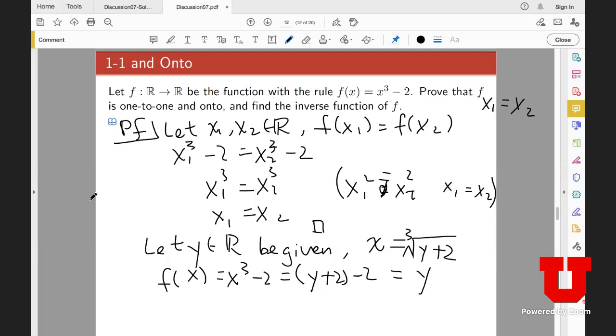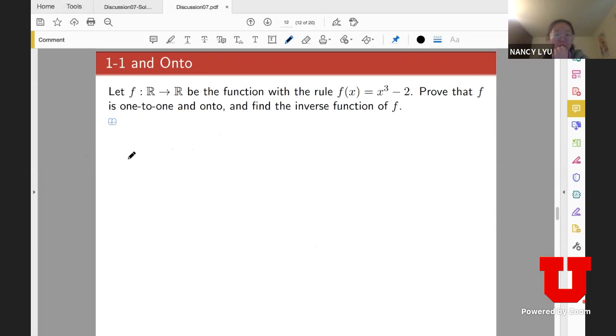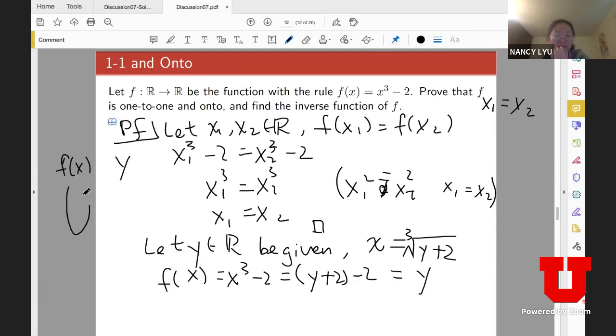So here you let y belong to R, so the y you pick is in the codomain. So you have the f(x) here and the y, a bunch of numbers, and you want to match numbers in the domain. That's what onto means. Or the other way, sorry, should be the other way.